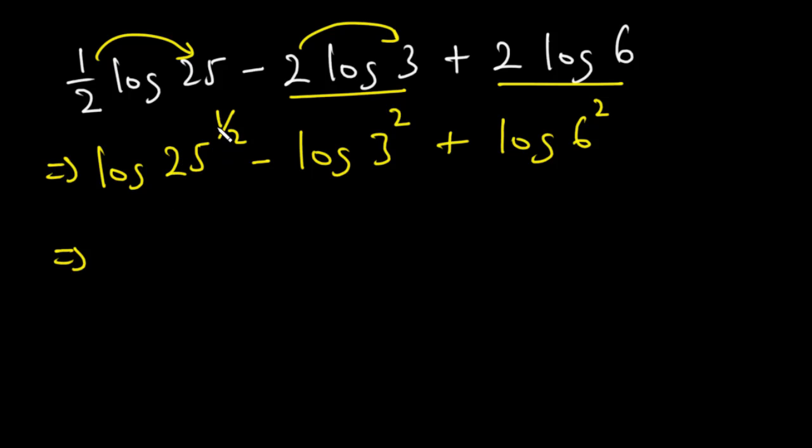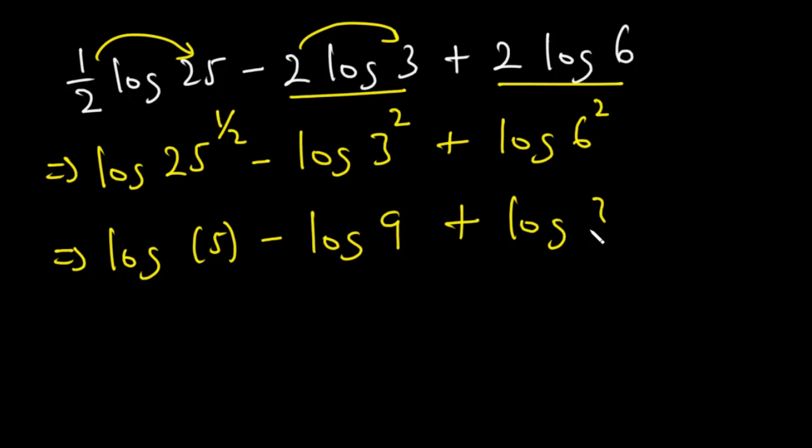Now 25 exponent 1 over 2 is the same as the square root of 25. Square root of 25 is 5, so it's going to be log 5 minus 3 squared is 9, so we have log 9 plus 6 squared is 36, so we have log 36.